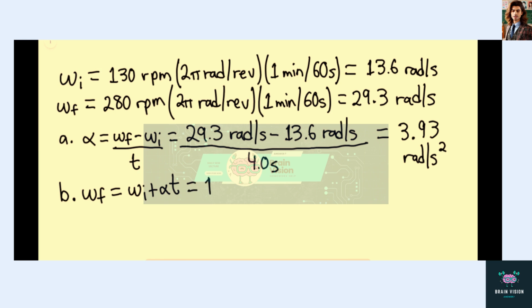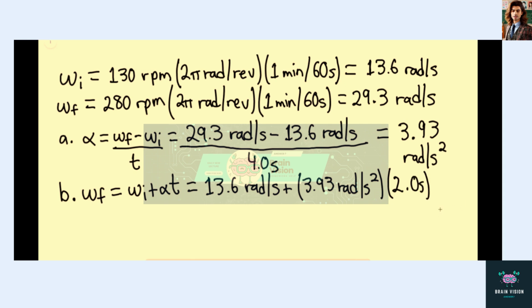This would be equal to 13.6 radians per second plus the angular acceleration found in part A, 3.93 radians per second squared, multiplied by 2.0 seconds. And we find that omega final would be equal to 21.5 radians per second.